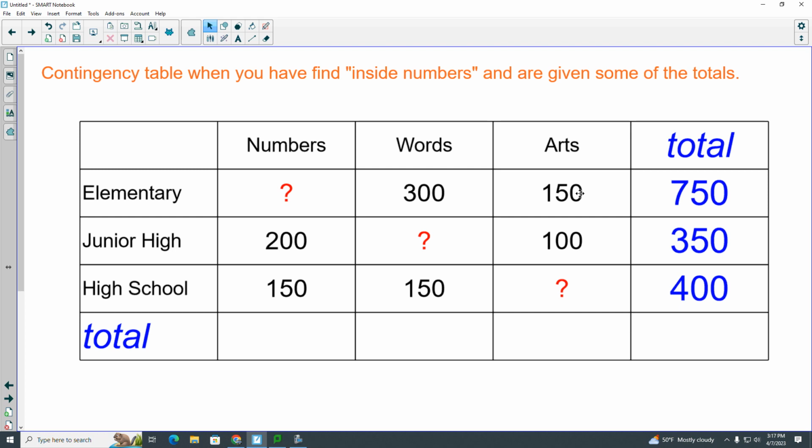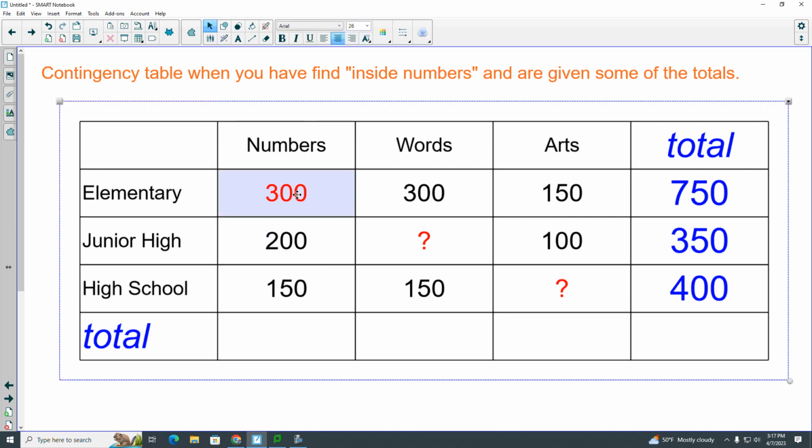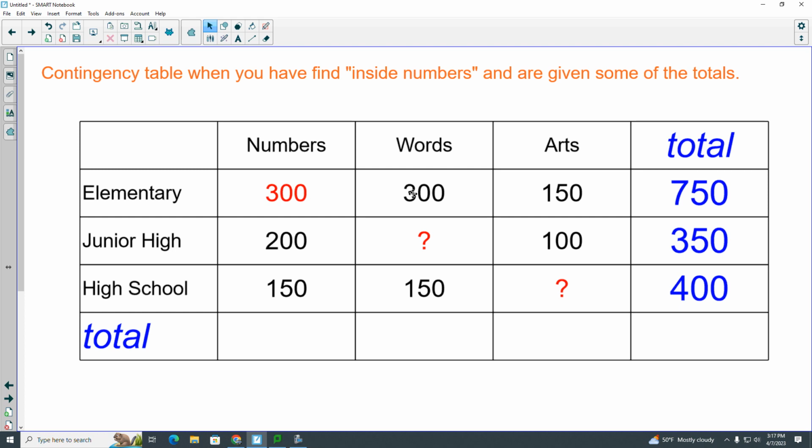So 750 minus 150 is 600. 600 minus 300 means this square here has to be 300. Because 300 plus 300 is 600, 750. So this row is now done.